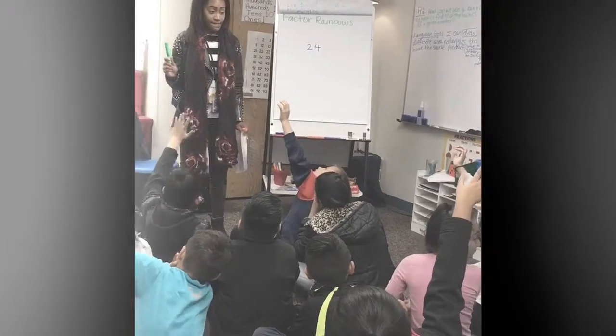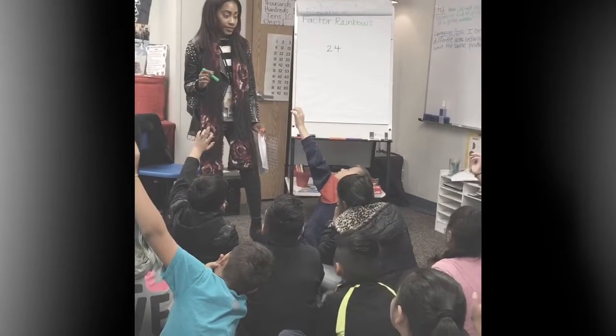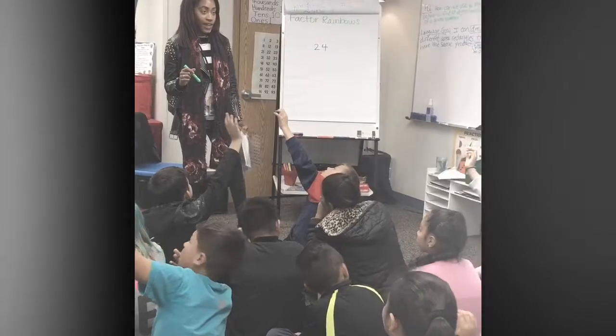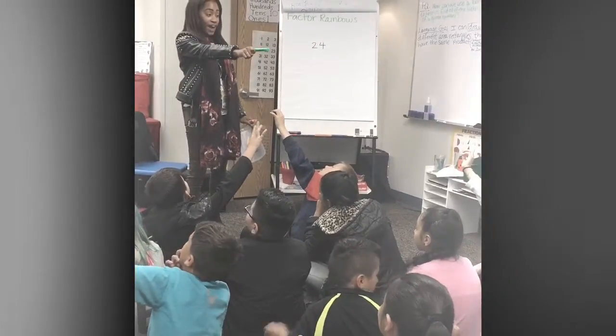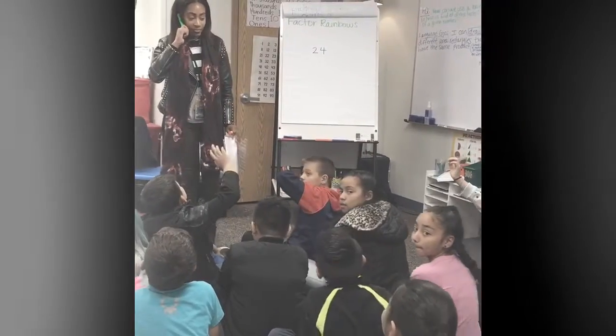Okay. And then when we use the rainbow, we're gonna start from the 1 and draw the line all the way to the last number, to its matching factor pair. Yes. Let's listen to that vocabulary, factor pair.